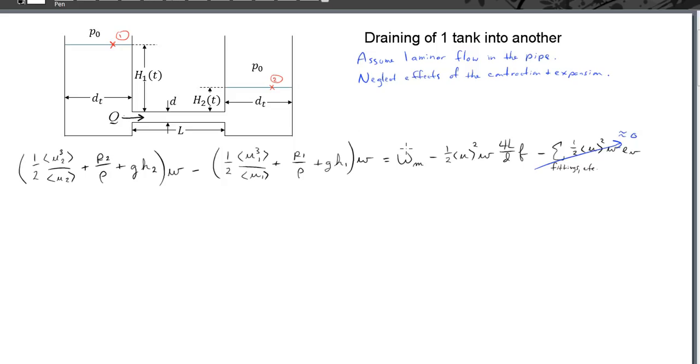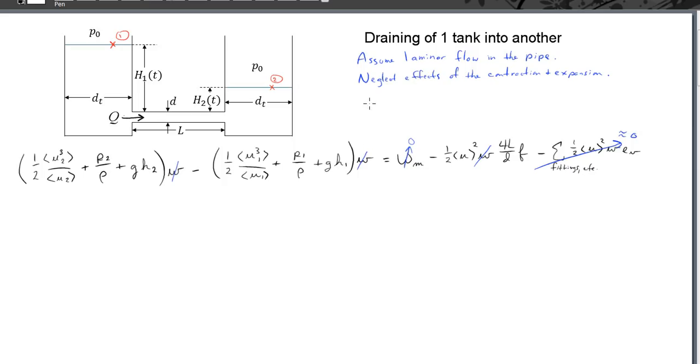We also have a case where there's no work being done in the system by moving surfaces. There's no pump, there's no rapid mixing or anything like that. So then the next thing we can do, we see there's a factor of W, the mass flow rate, that's common to each of these terms. So we can cancel off that factor of W.